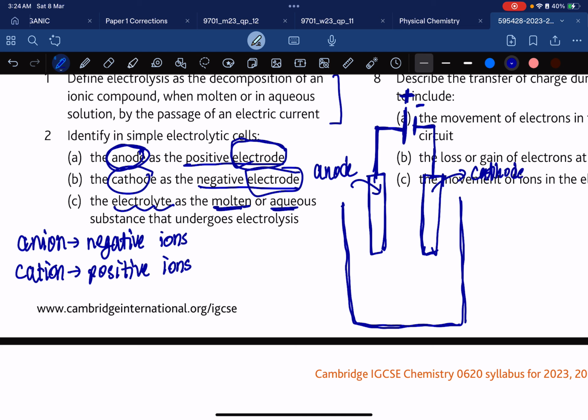Then my electrolyte will be something like this. Now electrolytes can either be molten or aqueous, but it cannot be solid, because the ions won't be able to flow, they'll just be stuck in one place.